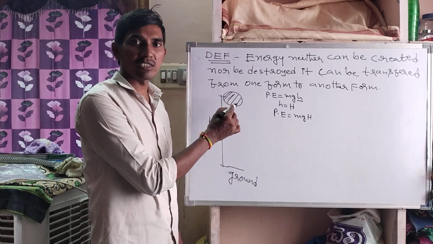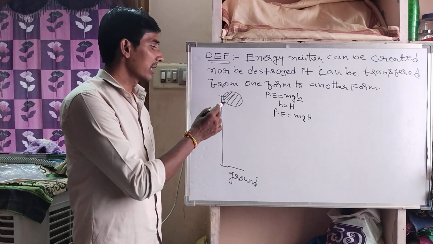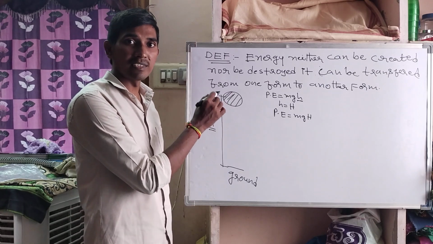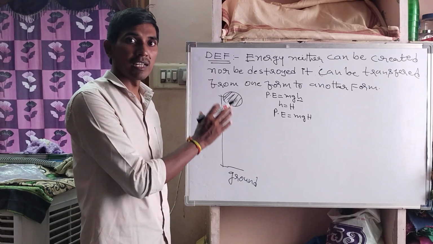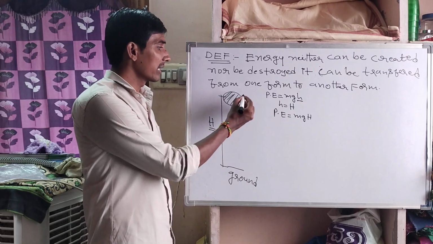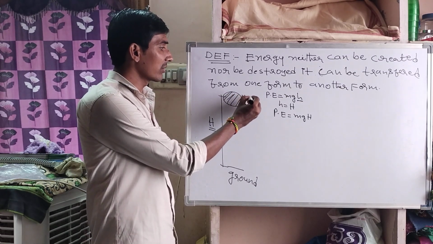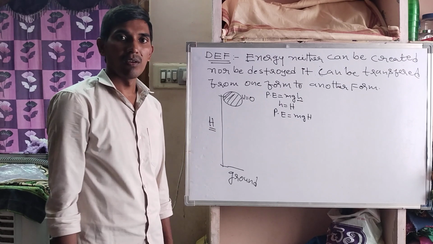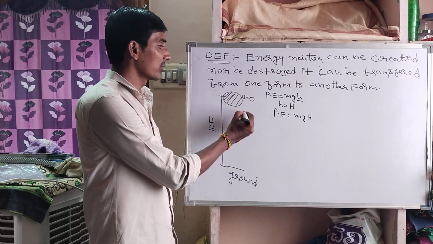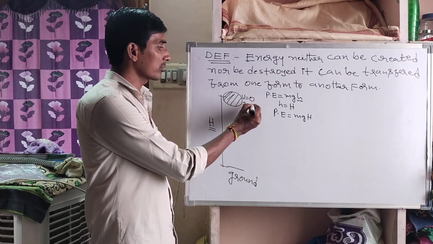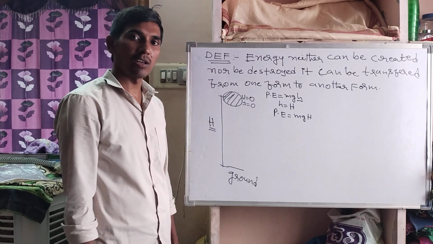Here the object is at rest position. It doesn't have any motion, that is a rest. So here velocity is equal to 0 and displacement is also 0.